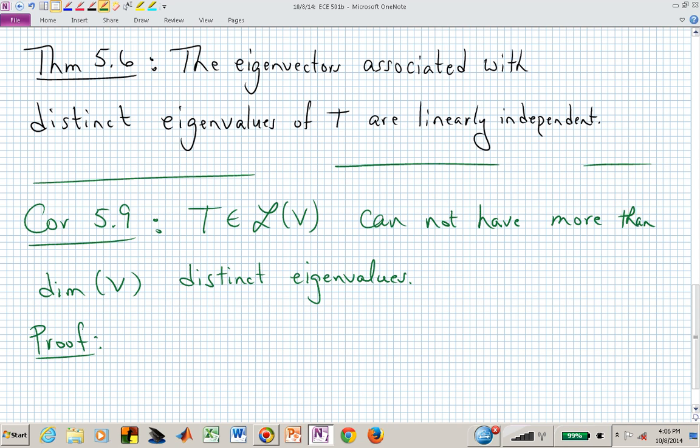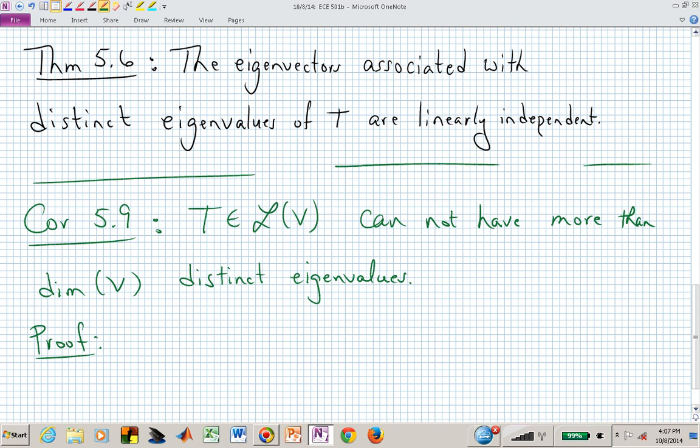You can only go so far in terms of having linearly independent vectors in a finite dimensional space. If your finite dimensional space is of size 10, then you can only have 10 vectors forming a basis. That's why you can have at most that number of distinct eigenvalues, associated with the dimension of your underlying vector space.